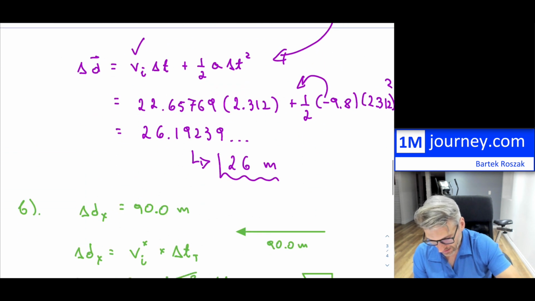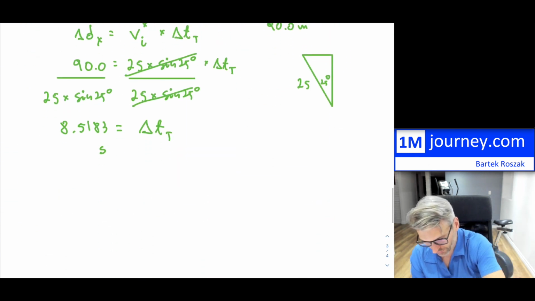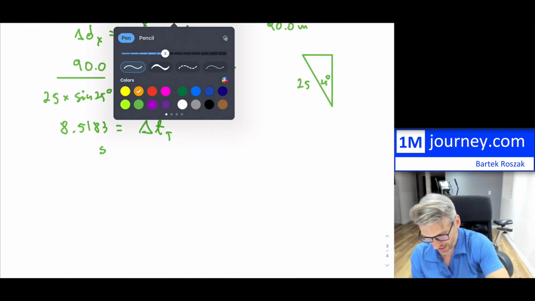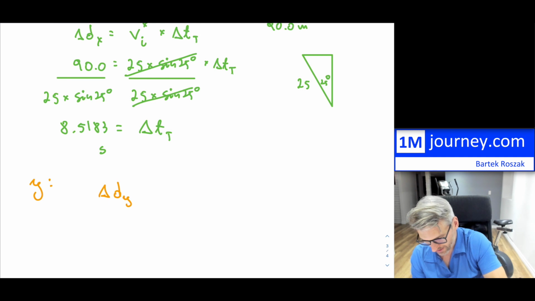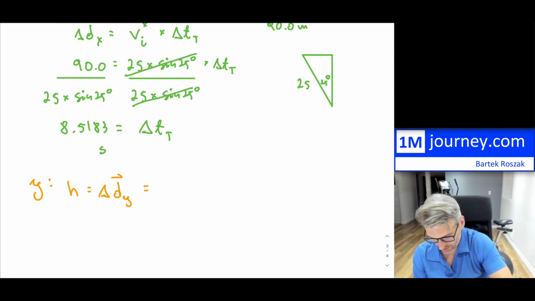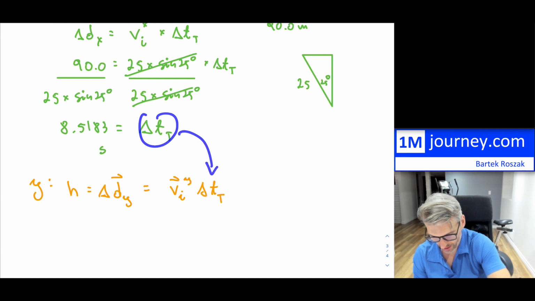So if I take this further, in the y direction my total displacement, and this is indeed your h, is going to be equal to your initial speed in the y, times delta t, this t, that's how long it has been.